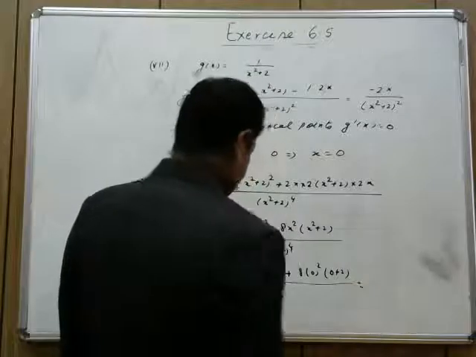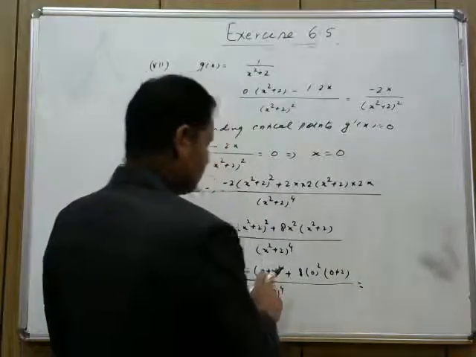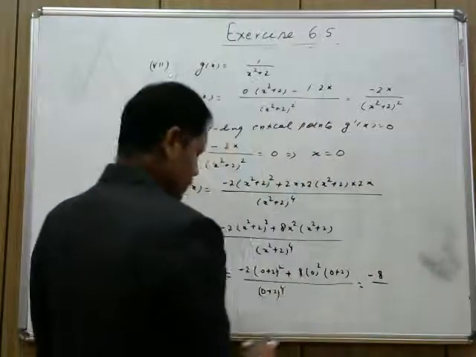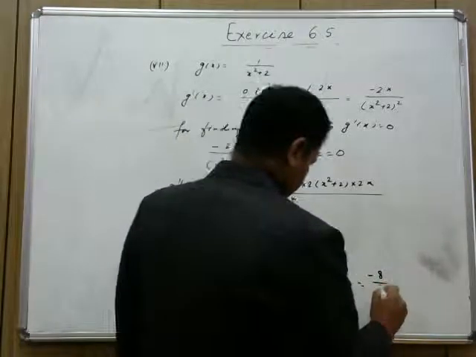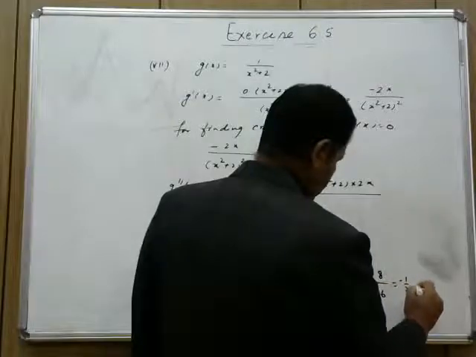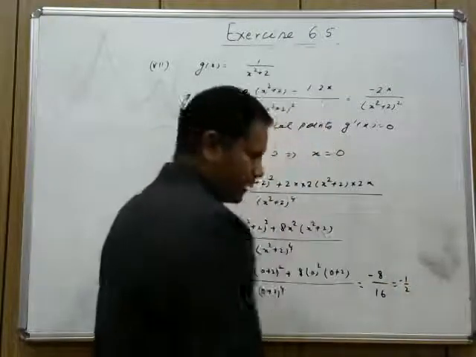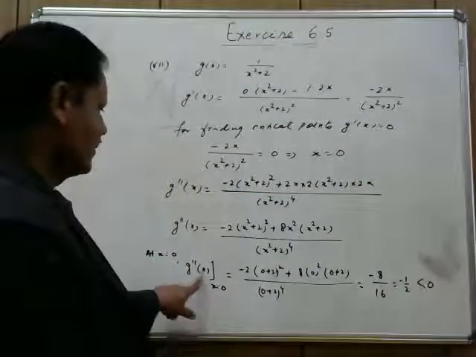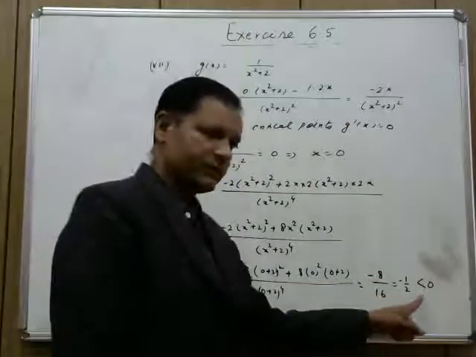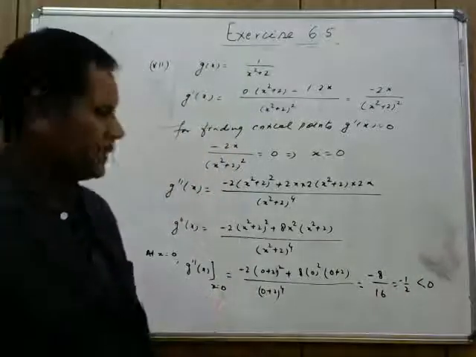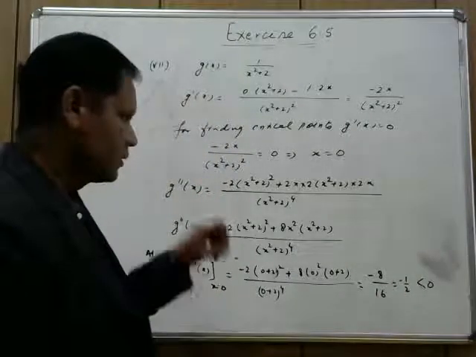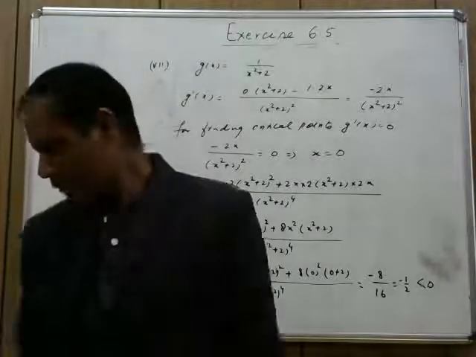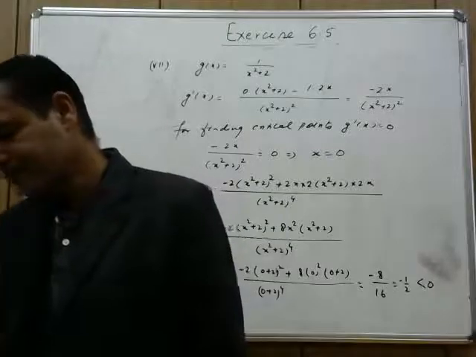That means minus 2 into 2 square, minus 8 into 0, and here 2 to the 4 is 16, so minus 8 by 16 is equal to minus 0.5, which is less than 0. That is sufficient. So now g double dash of x is negative at x equal to 0. It means x equal to 0 is the point of local maxima.